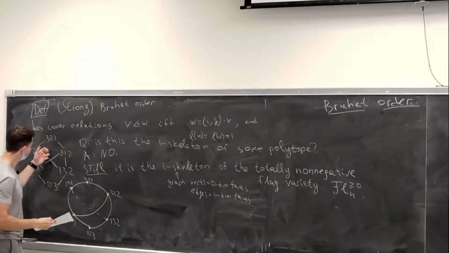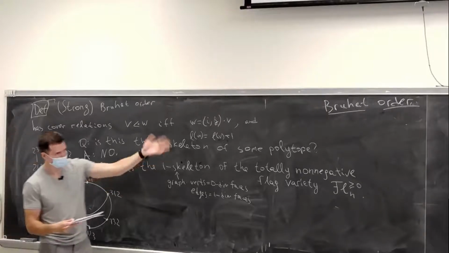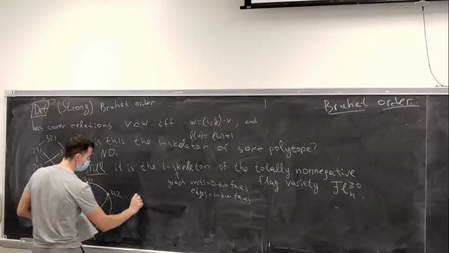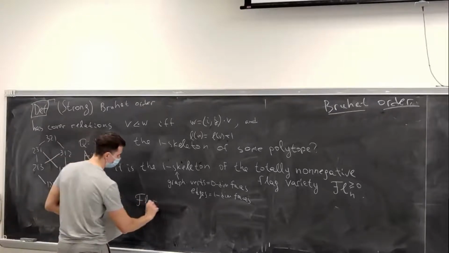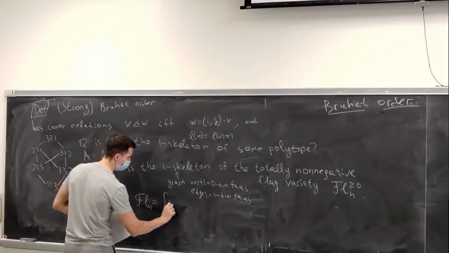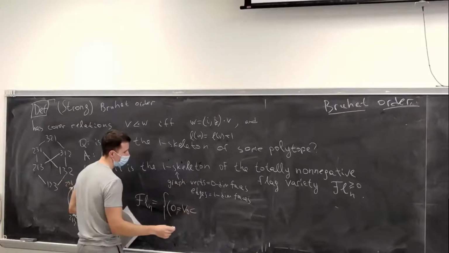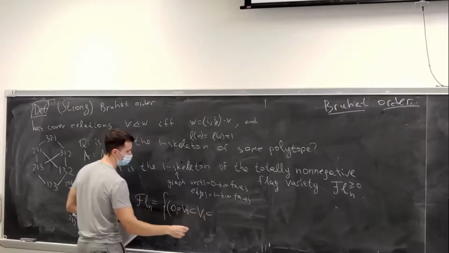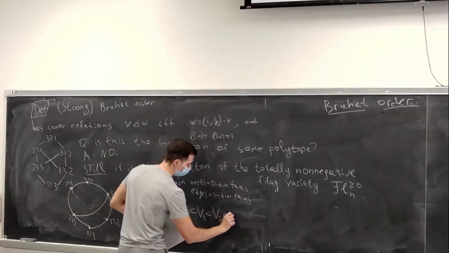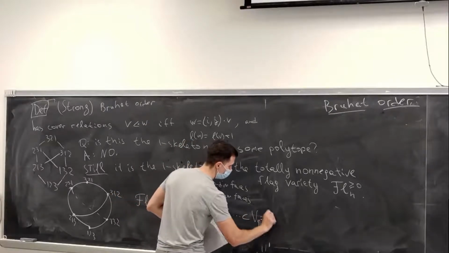So in particular, there is a way to think of this geometrically, and I can explain the flag variety. It's easy. The flag variety FL sub n is, by definition, the set of all flags. A flag is a sequence of linear subspaces, going all the way up to Vn equal to R to the n.